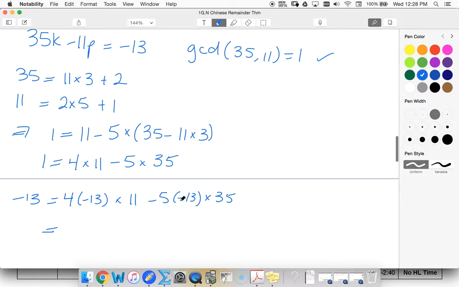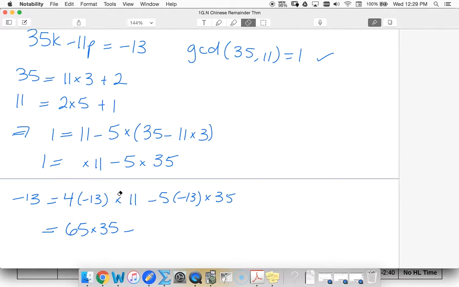Simplifying this, that's going to give me 65 minus 4 times negative 13. Something seems to be wrong here with my 4, and it's because I didn't distribute my 5. So negative 5 times negative 3 should have been positive 15 plus 1 is 16.